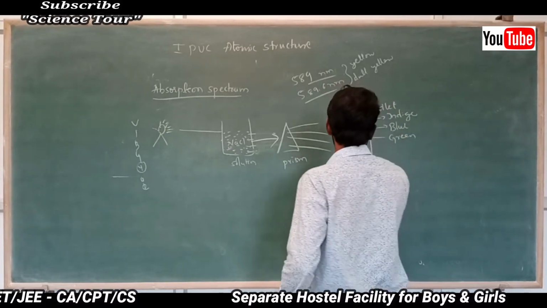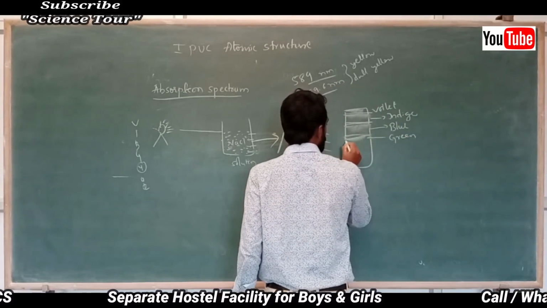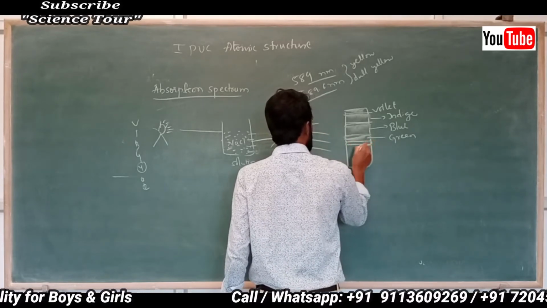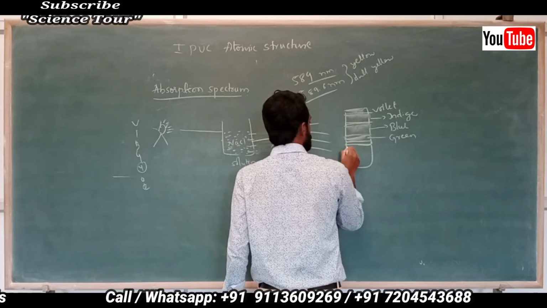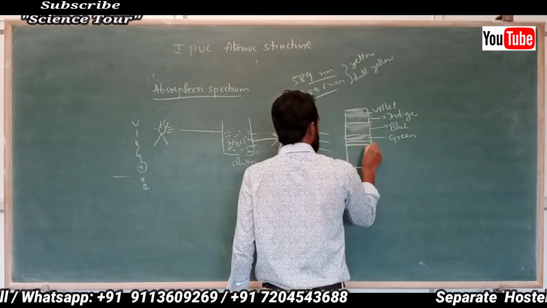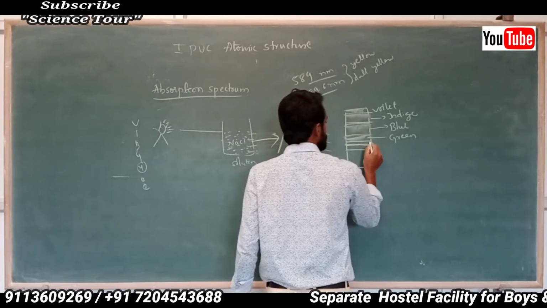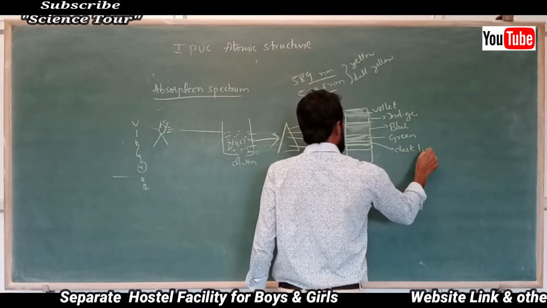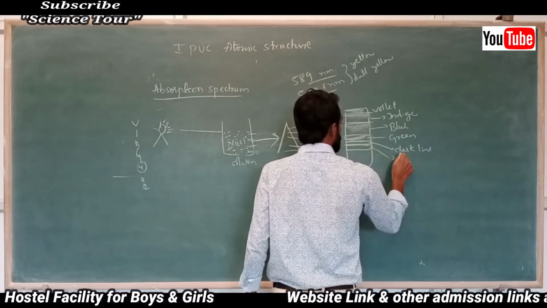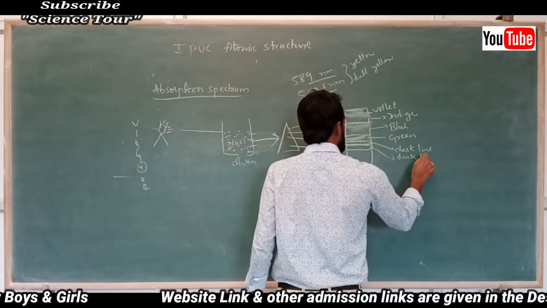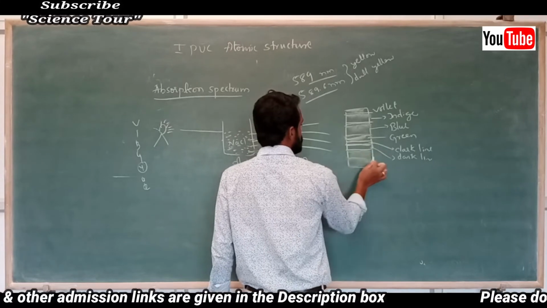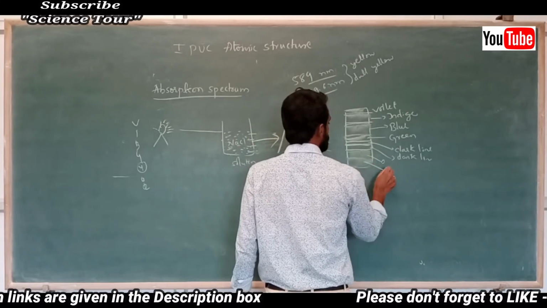Okay, in the place of yellow, two vacant spaces you can see, dark lines only. Here one dark line, here another dark line. The remaining orange is there, red is there, orange, red.